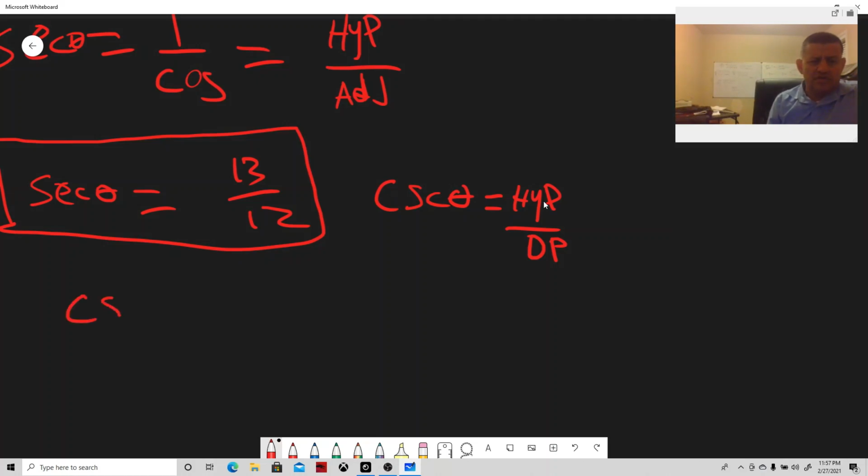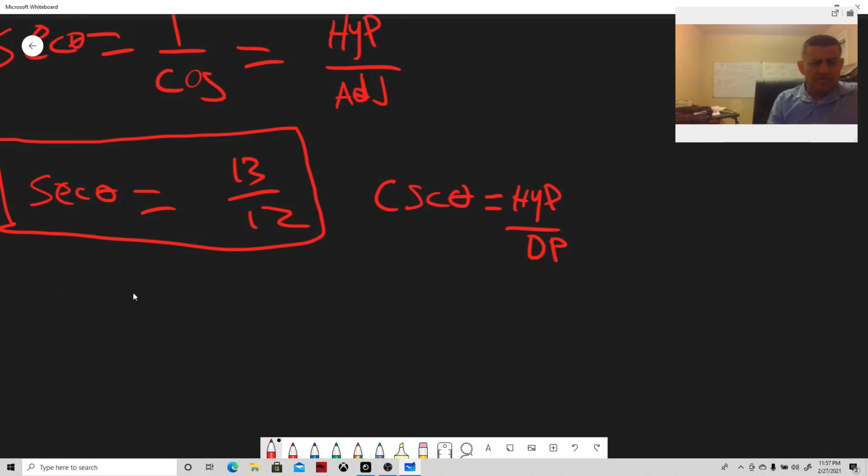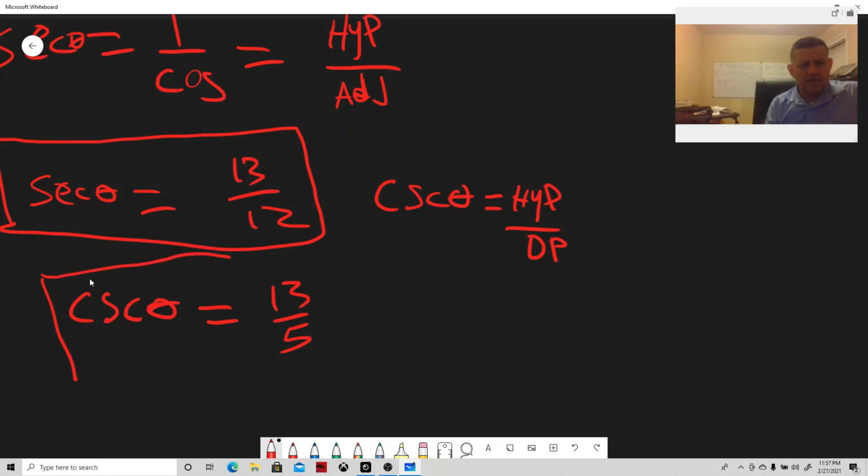So cosecant of theta is equal to 13 over 5. Right? 13 over 5.